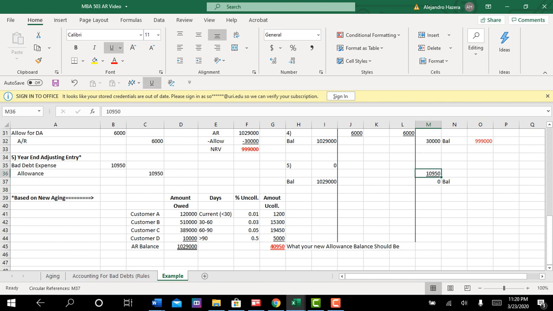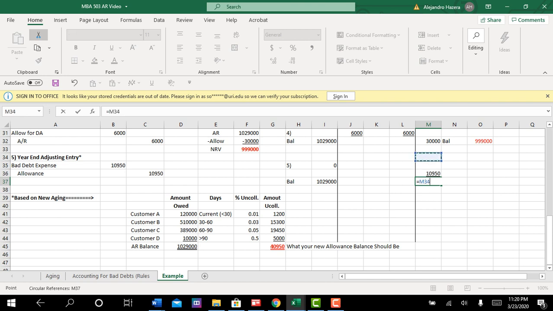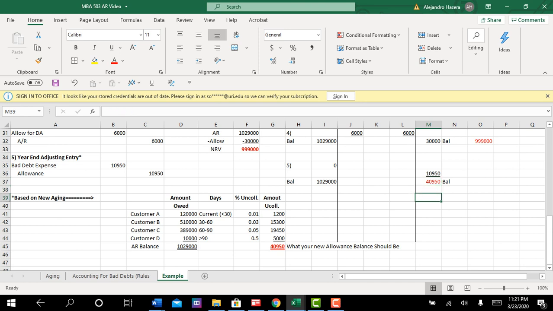I'm just going to move this up quickly here to get these more balanced. It doesn't matter. So our new balance in the allowance is going to be that amount right there, plus that amount right there, which is $40,950, which equals what our aging said.